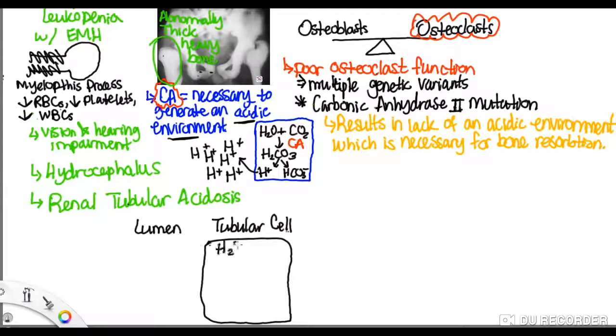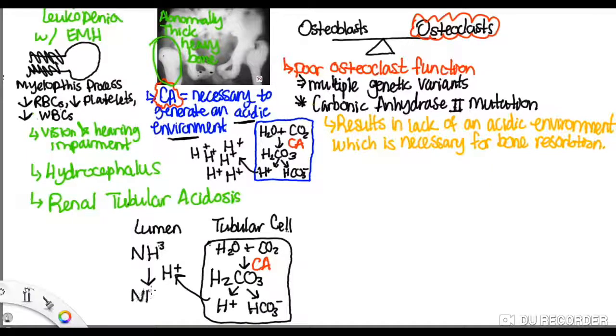Tubular cells have the ability to take water and CO2 to make H2CO3 in the presence of carbonic anhydrase, which catalyzes this reaction. Now, H2CO3 breaks into H+ and HCO3-. The hydrogen ion transfers into the lumen and joins with NH3 to form NH4. This is important because it can be excreted, getting rid of acid.